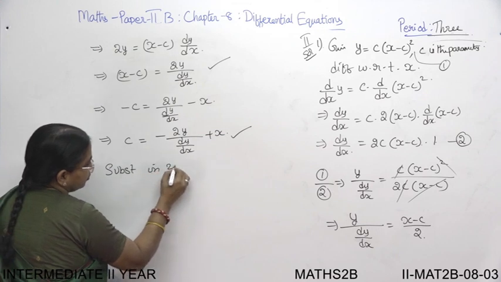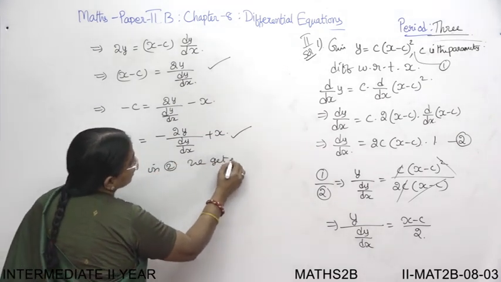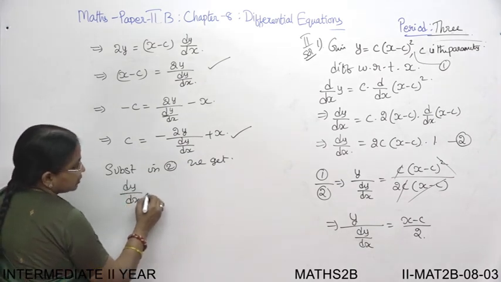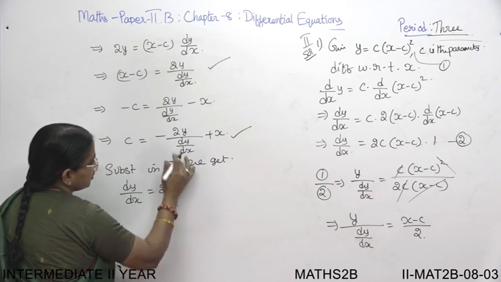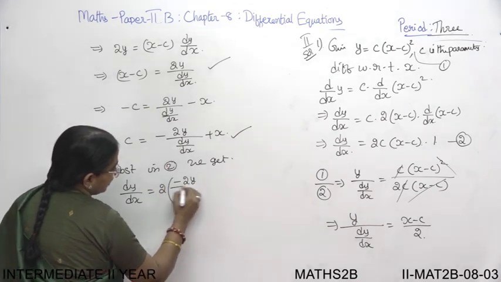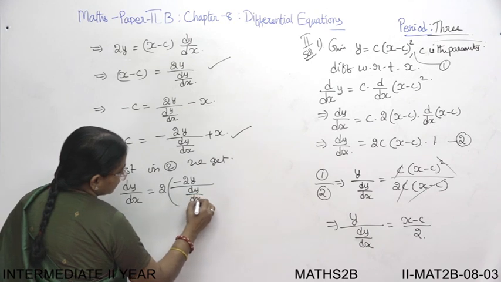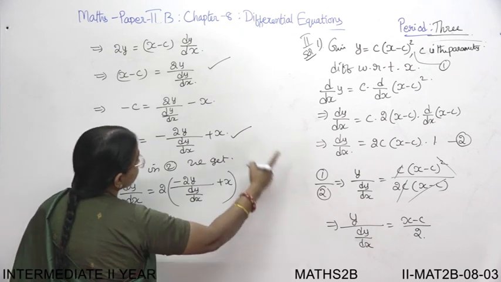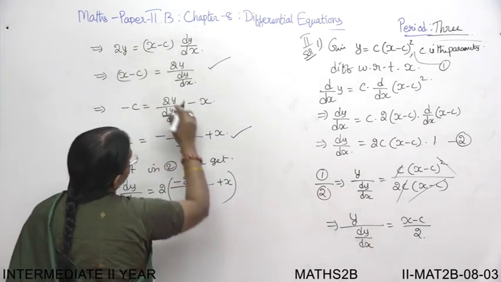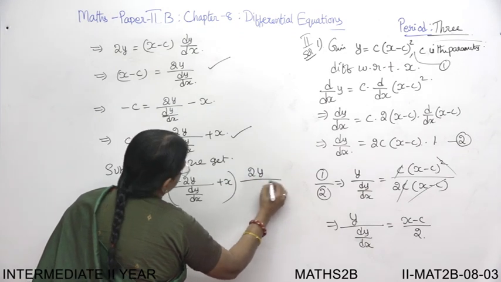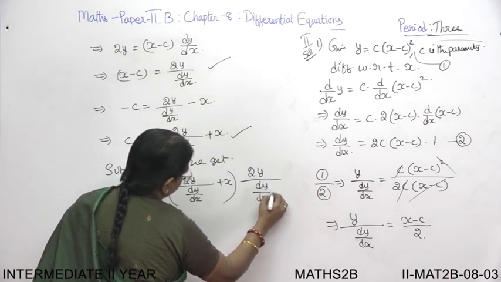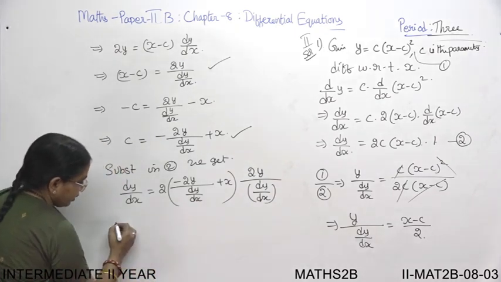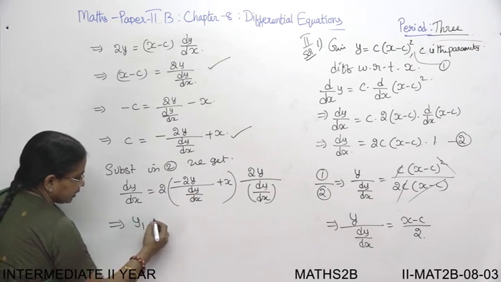Substituting in 2, we get dy by dx is equal to 2 into c, where c is minus 2y by dy by dx plus x, into x minus c, and x minus c is 2y by dy by dx. Now we'll take the LCM and simplify. I'll write in terms of y1, then it is convenient.